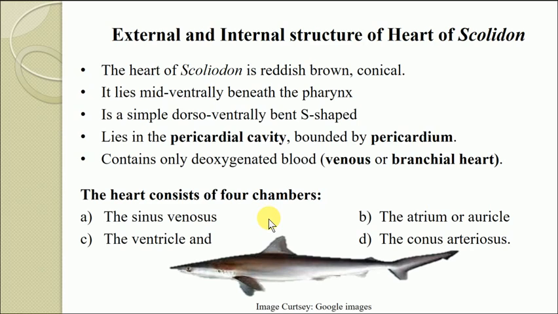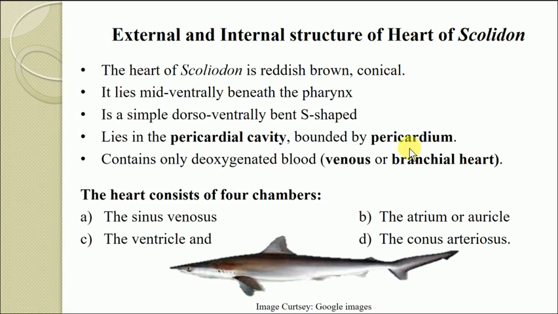Now this heart is a simple dorsoventrally bent S-shaped muscular tube and it lies in a cavity. That cavity is known as the pericardial cavity.